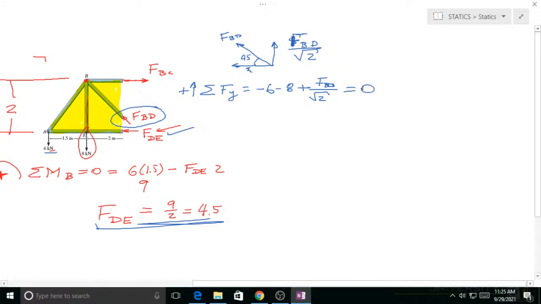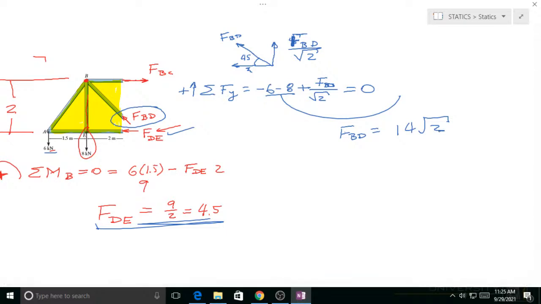Okay, so what's 6 and 8? Isn't that 14? Move that to the other side. Is it 14? I think it is. So I get F_BD equal to 14 times square root of 2. Now I'm a little bit scared. I'm going to just use the calculator I have in my hand.